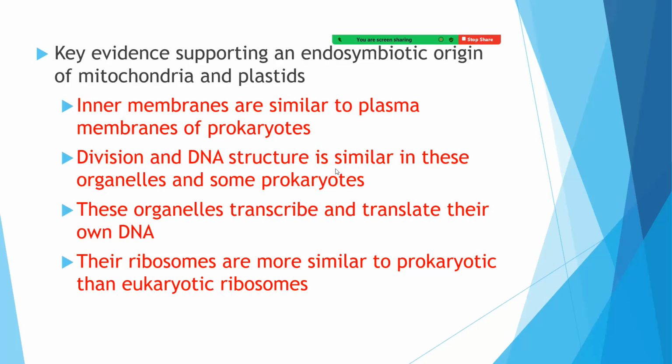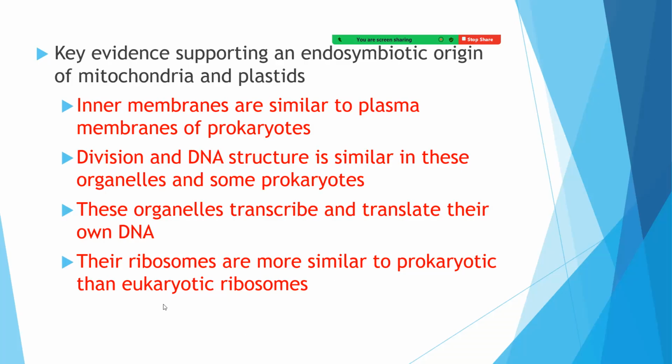We see that these organelles, both the chloroplasts and the mitochondria, have DNA inside of them, and also that they're able to reproduce those organelles. The reproduction process of the organelles themselves and the DNA inside of them is very similar to how this would work in prokaryotic cells. These organelles maintain their own DNA, which is very strange unless they used to live on their own.